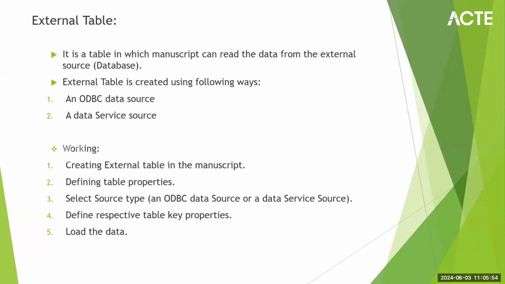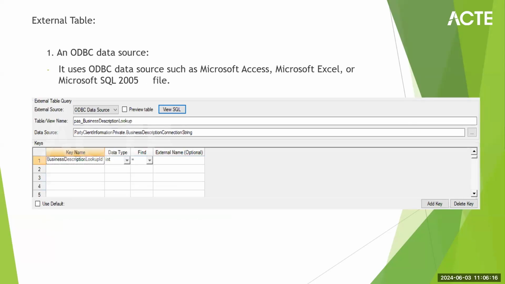How it works: create an external table in the manuscript, define the table properties, and select the source type as an ODBC data source or data service source. These are the two types available while creating an external table. Define the key properties and load the data.